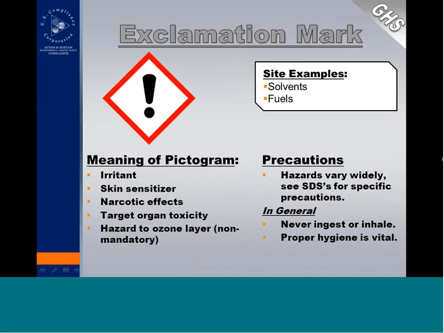The exclamation mark here is kind of somewhere in between the skull and crossbones acute toxicity and the health hazard of the human bust starburst silhouette. This is kind of a generic item that is assigned to materials that contain a variety of properties, such as irritants, skin sensitizers, narcotic effects, target organ toxicity, or hazardous to the ozone layer.